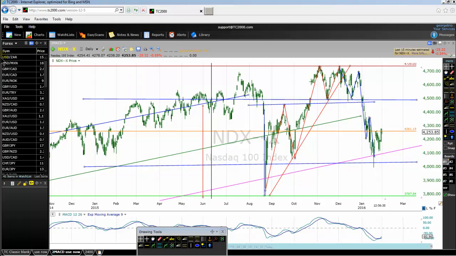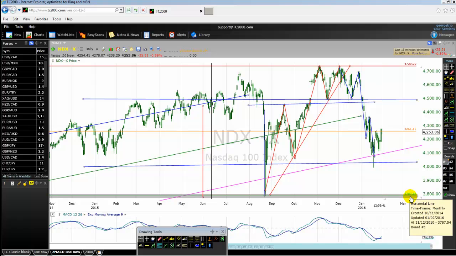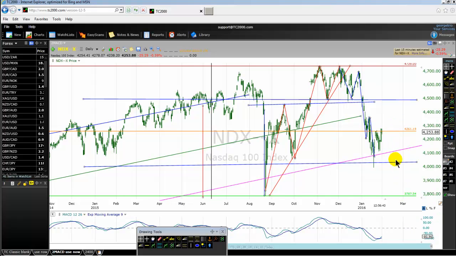Okay, 4023, somewhere here. Okay, we have another level that we must watch, which is the median line between the 4261 and the 3787. It makes sense? It is also powerful. So these are the hot spot trading zones.